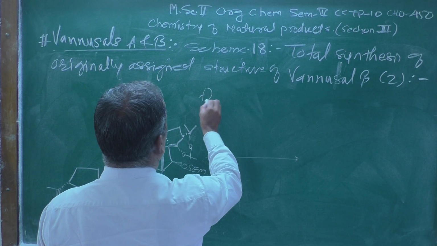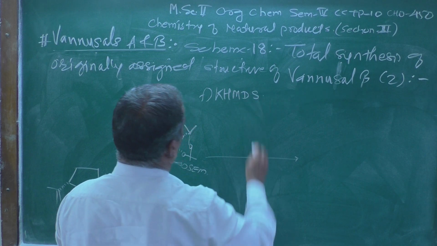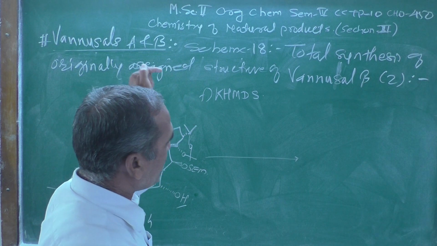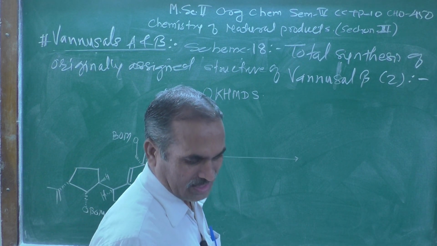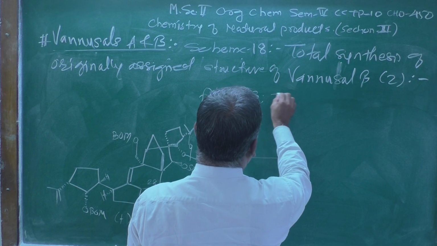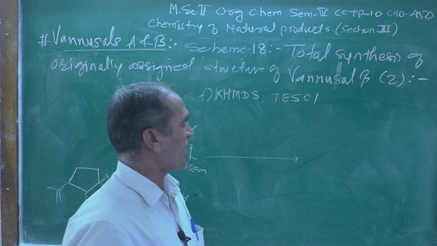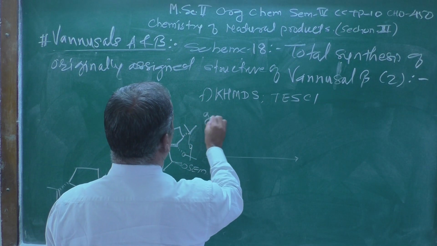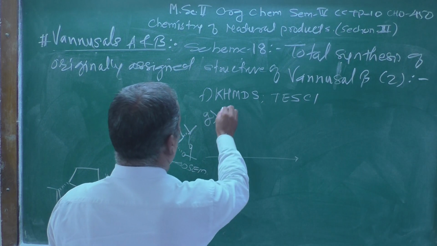F reagent which is KHMDS, potassium hexamethyldisilazide, followed by TESCl, that is triethylsilyl chloride, and after that the G reagent.